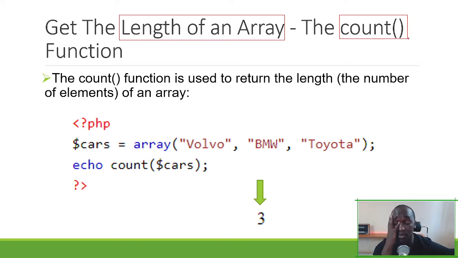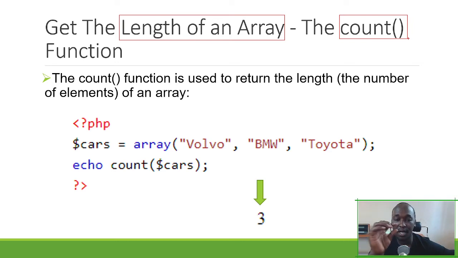This function is important because at times when you're retrieving information from a database table, you want to use count to find out if any results were returned. As I told you, when you use the MySQL select statement, whatever is returned to PHP is an array. So sometimes you want to use count to find out if any data was returned from the database.